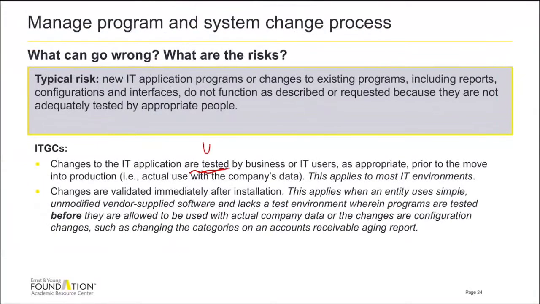So yun yung tawag natin UAT, User Acceptance Testing. Meron pa tayong systems integration testing. So if there are different modules, the system or that update should be evaluated together as part of the system.